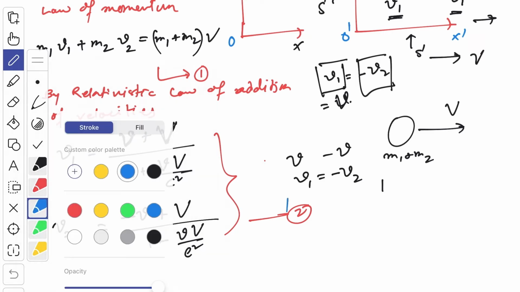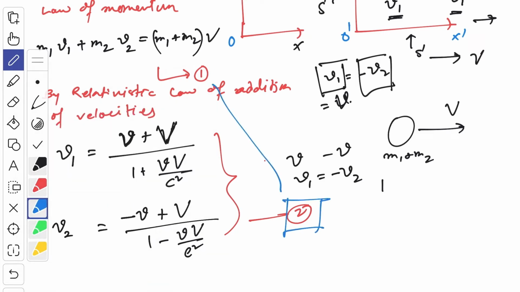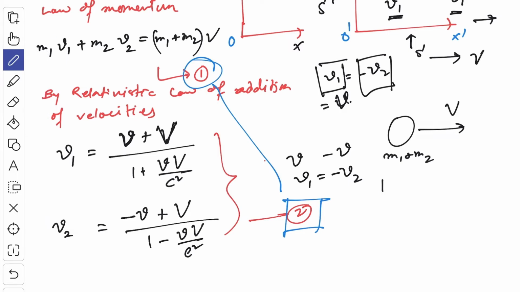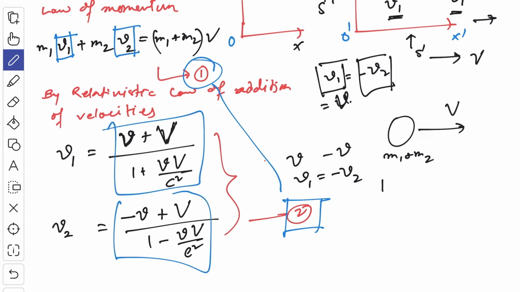Now use equation number 2 in equation number 1. Here you can replace small v1 and small v2 respectively by these two values.